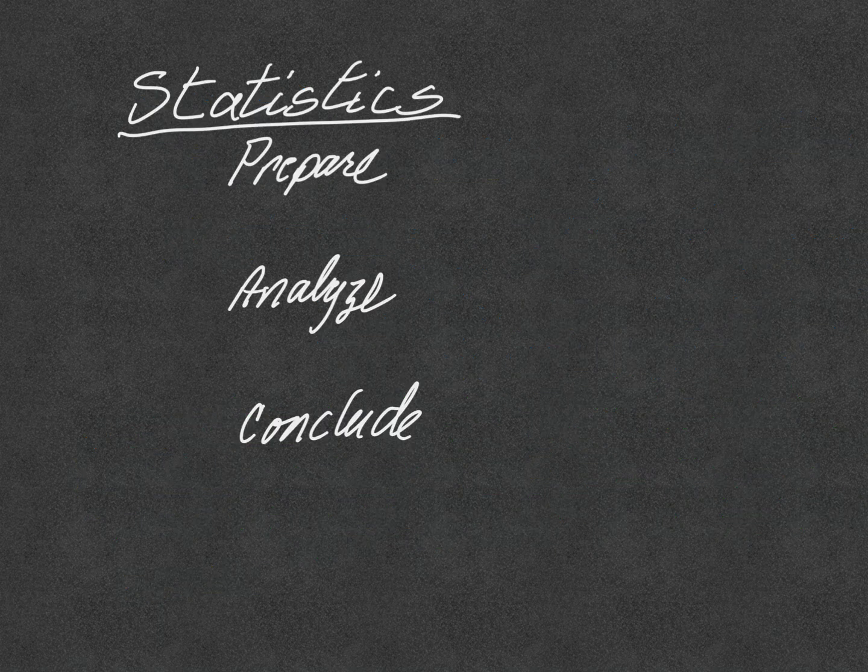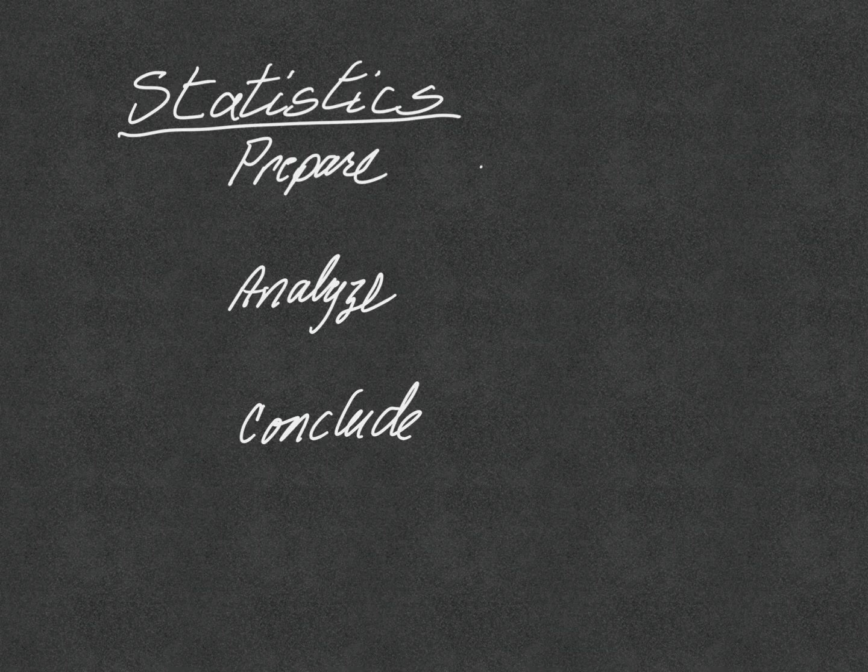So another way to think of statistics besides the organizing, summarizing, presenting, analyzing, interpreting is you could think about the process of the study where you prepare, analyze, and conclude. And so when you prepare for a study, what are you actually doing?